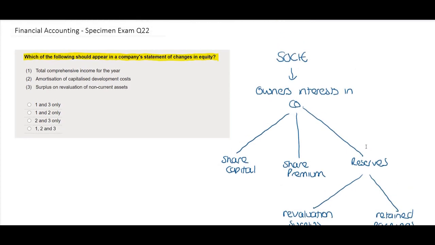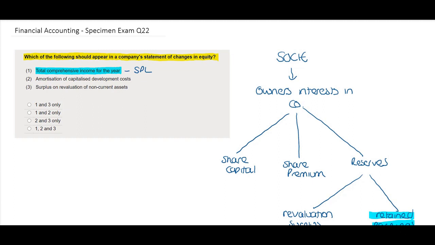Looking at the three options, the first is total comprehensive income for the year. Our total comprehensive income for the year is calculated in the statement of profit or loss. It is then transferred to our retained earnings before decisions are made on how this is distributed to the shareholders.